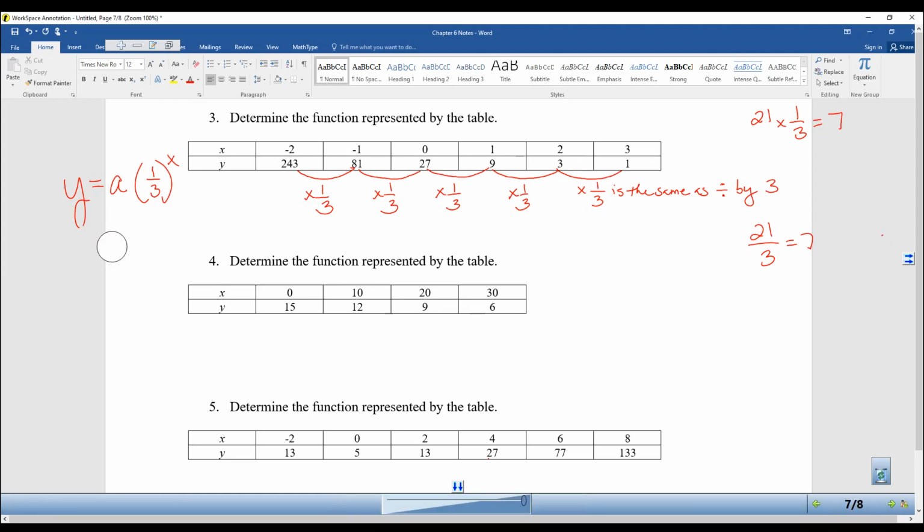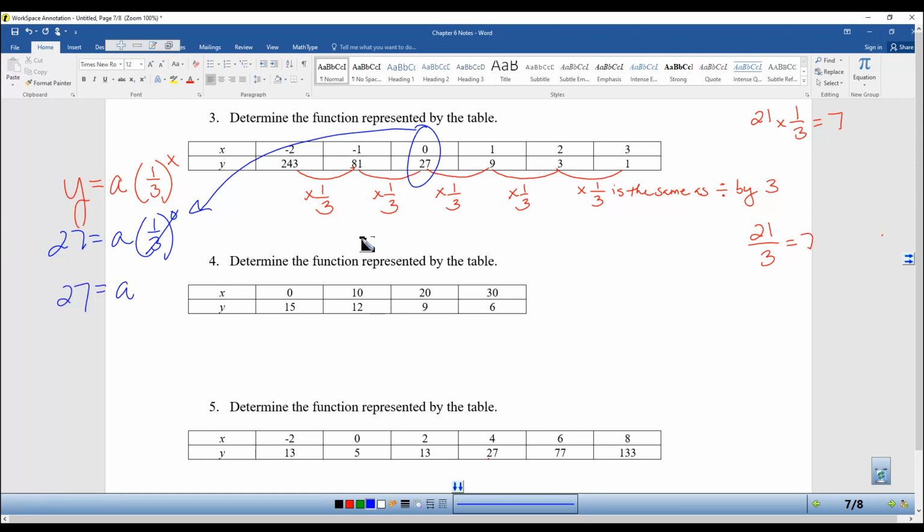So when x is equal to 0, y is 27. 27 is equal to a times 1/3 to the 0. Why did I pick that one? Anything to the 0 power is 1. So a is 27. So my final equation is y is equal to 27 times 1/3 to the x.